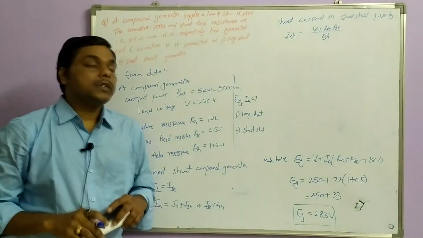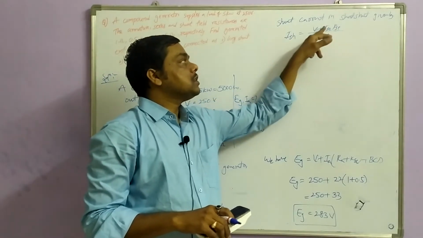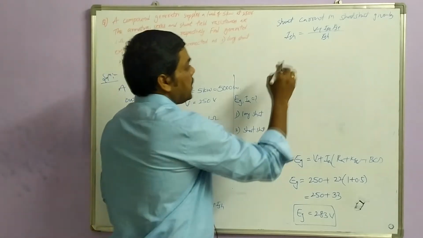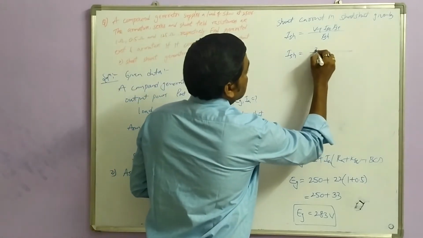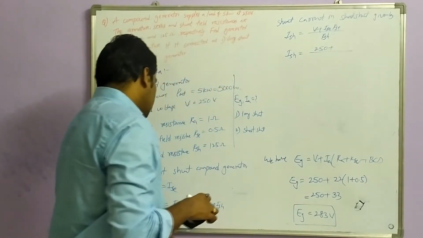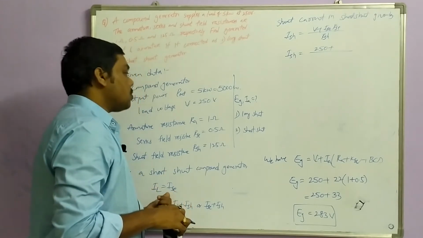Whereas in long shunt it is similar to a shunt generator, V by RSH, but here there is a series drop also added. Now ISH is equal to V, which is 250, plus the series current. What is the series current? The series current is the same as the load current.